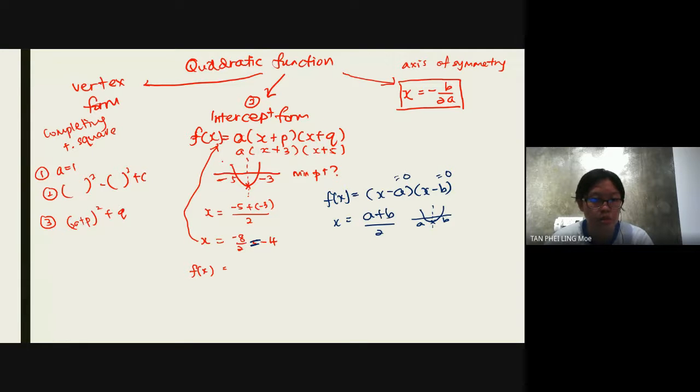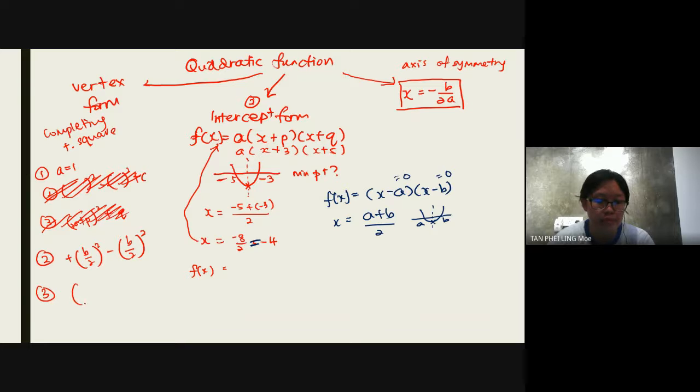Let me see. Okay, I think I cannot erase anymore, but let me just add in here. Which means, remember, second step should be plus b over 2 square minus b over 2 square. Then only the third step is making it into big bracket square minus small bracket square plus c.